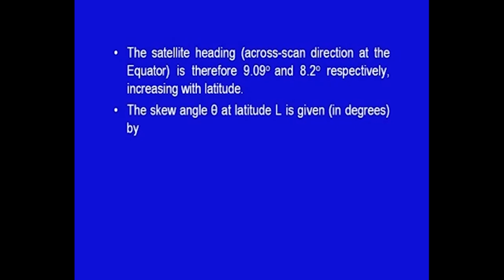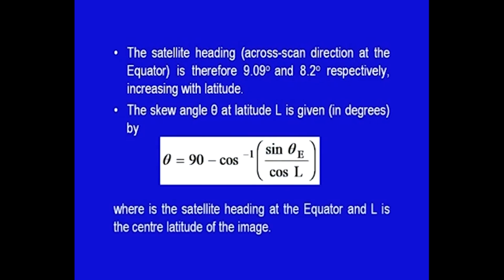The skew angle theta at latitude L can be expressed as theta equals 90 minus cos inverse of the ratio of sin E over cos L, where E is the satellite heading at the equator and L is the center latitude of the image.